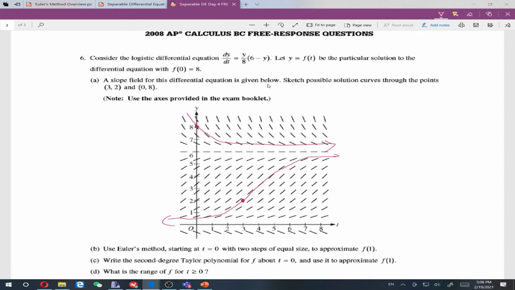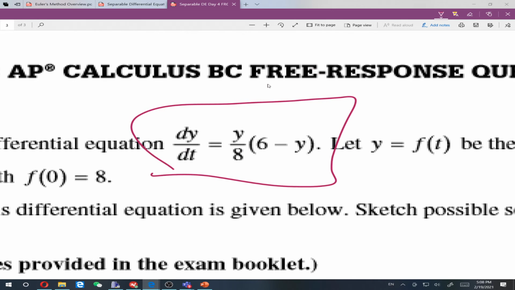Alright, for this bottom part of the slope line, we should be getting closer and closer to 0 as we go. I'm going to redraw this really quick. So getting closer and closer to our population of 0. And I know that's true because here in our logistic equation, if I plug in y equals 0, the slope is 0. If I plug in y equals 6, the slope is also 0.